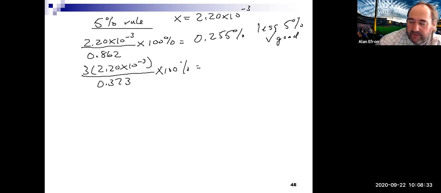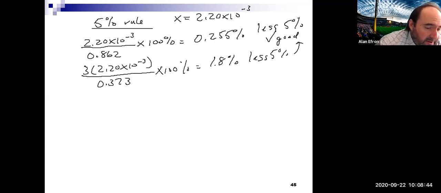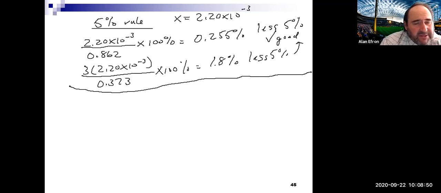And again, if you do that, you get something like 1.8%, also less than 5%. So still good. So you could check them both if you like. Like I said before, in my experience, if you checked one of them and it's good, there's probably a pretty good chance they're both good. So usually you don't run into too many problems like that.